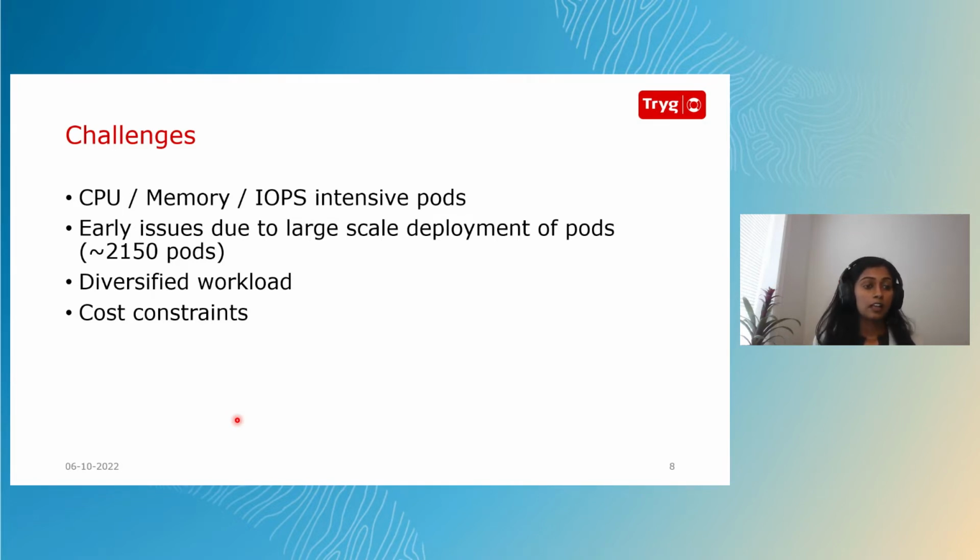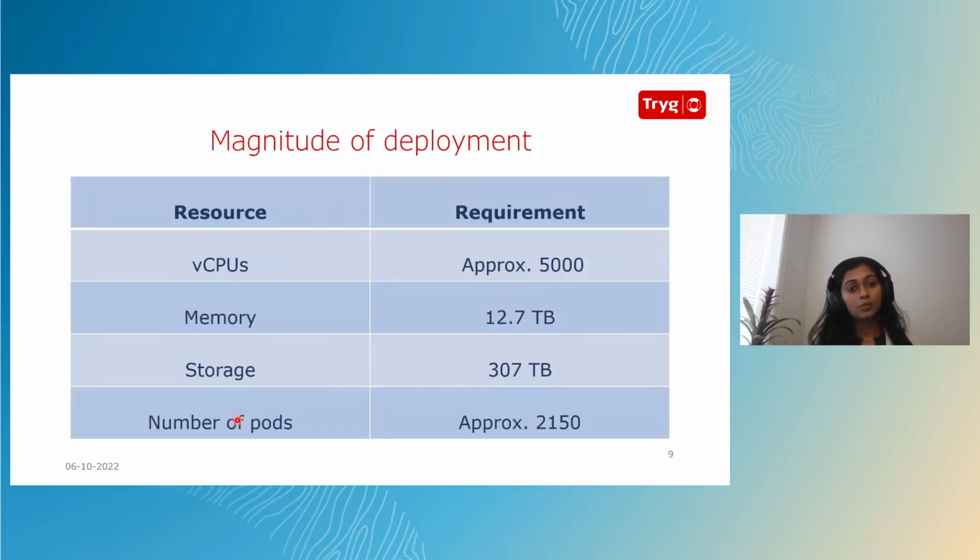And the last challenge, like any other business would have, was cost constraints, and we had to heavily bring down the cost consumption for every deployment in production. I keep stressing that we have a huge scale of deployment.